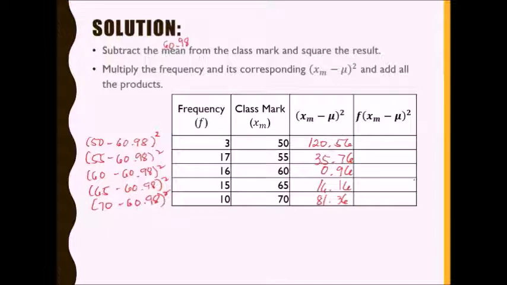We will multiply the frequency and the result of subtracting the mean from the class mark and squaring it. So multiplying the two, we have 3 times 120.56, which is 361.68. We do the same for the succeeding numbers.